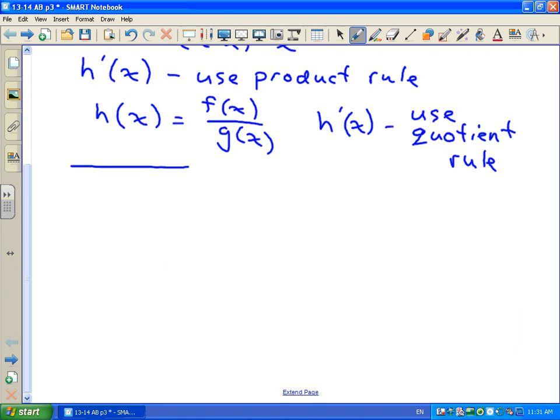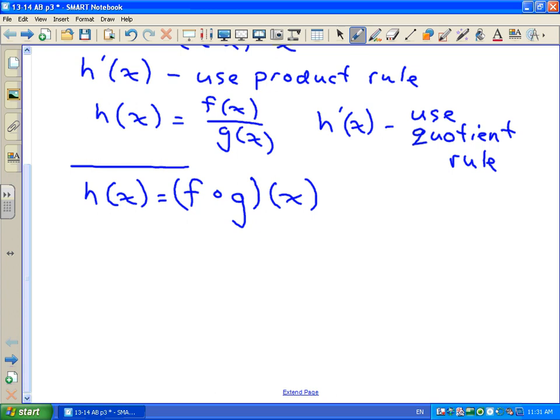So if we want to write h at x as the composition of our functions f and g, remember the notation that we used? We used f composed with g of x like that. So the little circle means that we're doing the composition. So this is the composition of f and g.